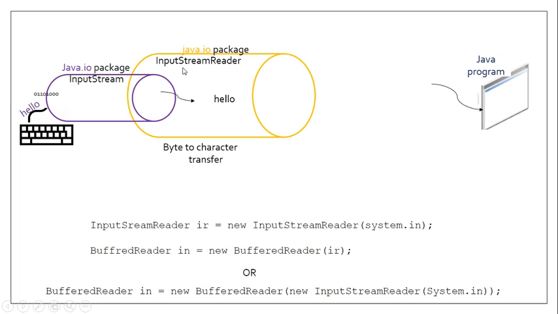So the question is, where is this InputStreamReader from? It is from the Java IO package. There is a class called InputStreamReader which helps me convert my bytes into characters. The next thing is, is anything required to carry this from here to there?